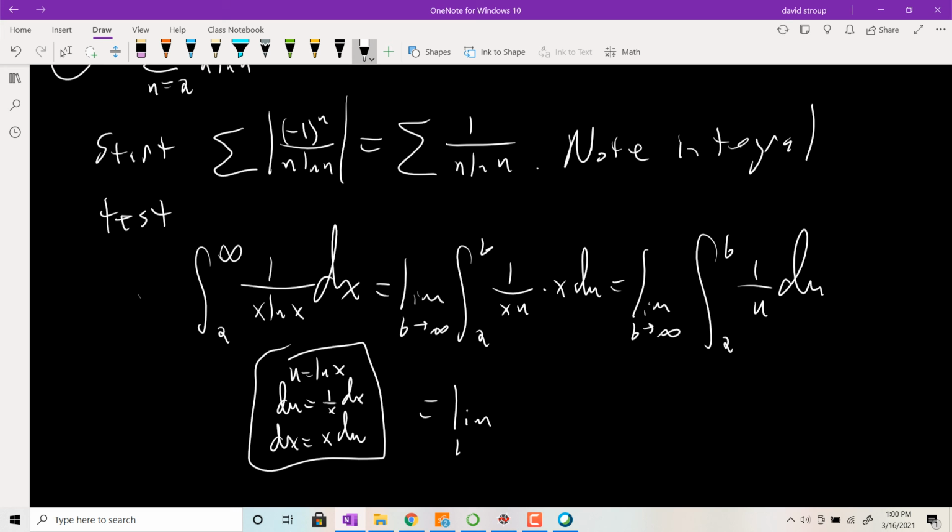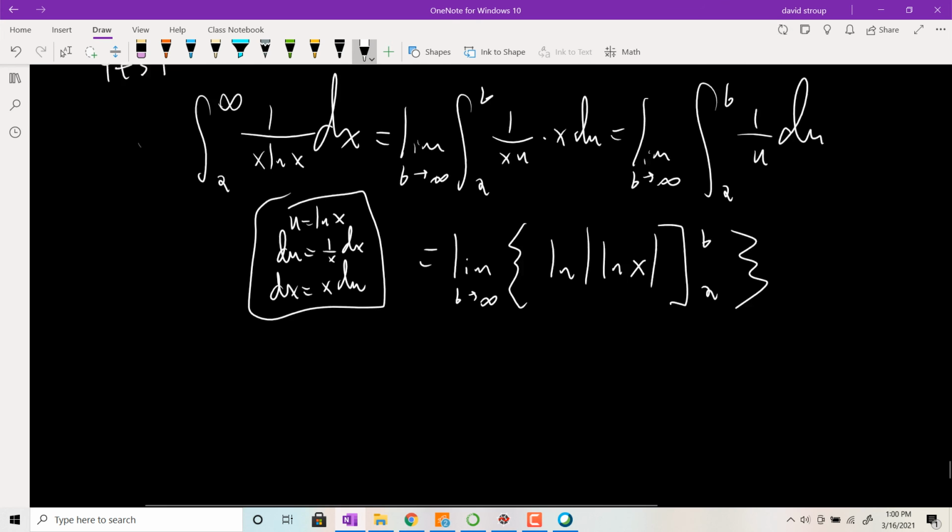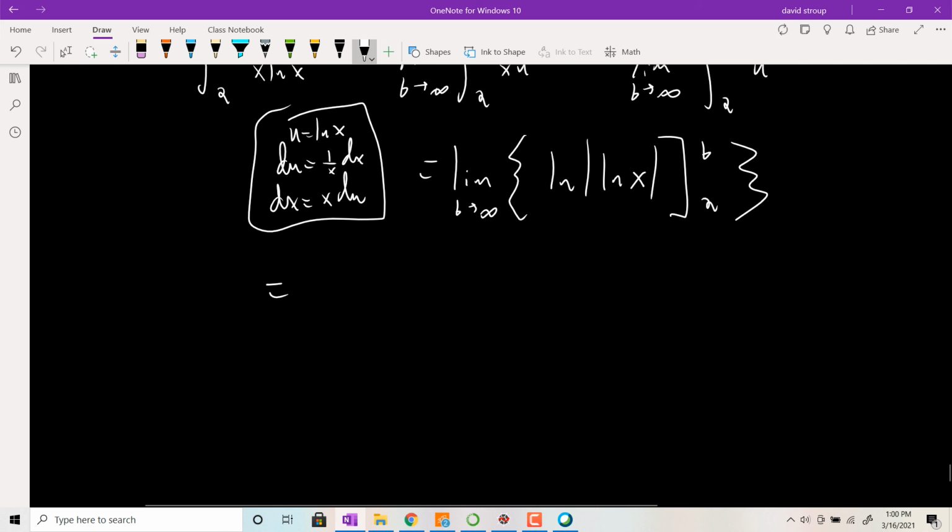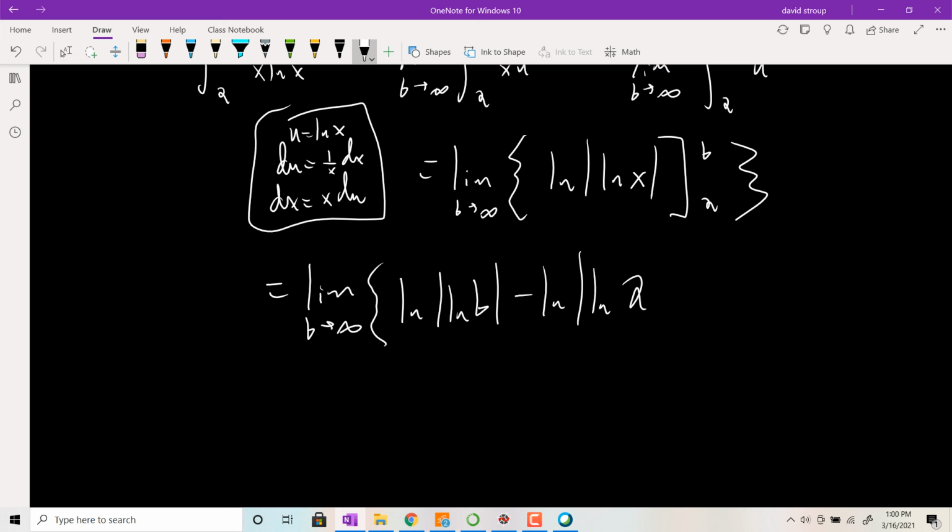So that's the limit as b goes to infinity of natural log of u, which is the natural log of x from 2 to b. And then that will equal the limit as b goes to infinity of the natural log of the natural log of b minus the natural log of the natural log of 2.